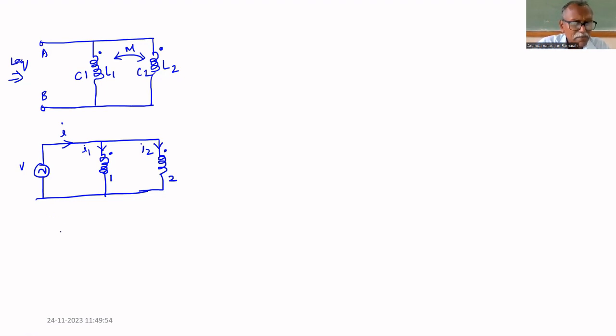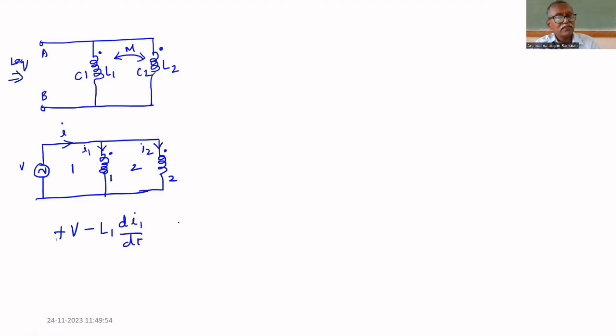Applied voltage is V. Consider loop 1 and loop 2. If you consider loop 1, the algebraic sum of drops equals 0. So, plus V minus L1 di1 by dt.